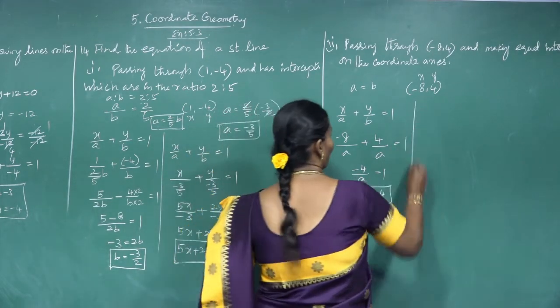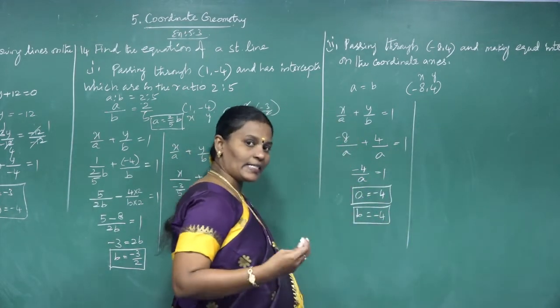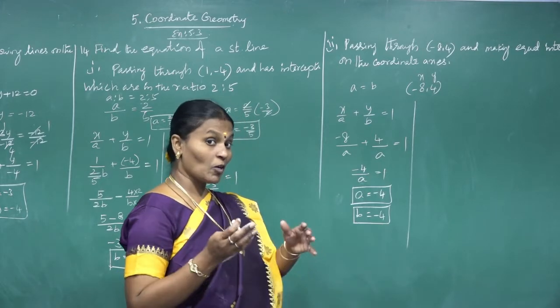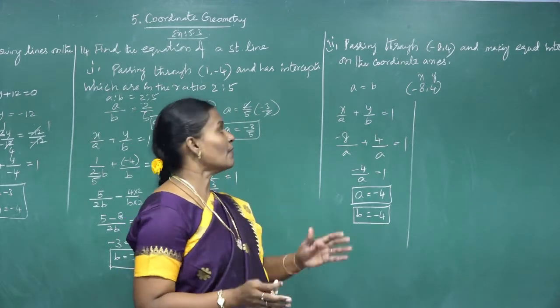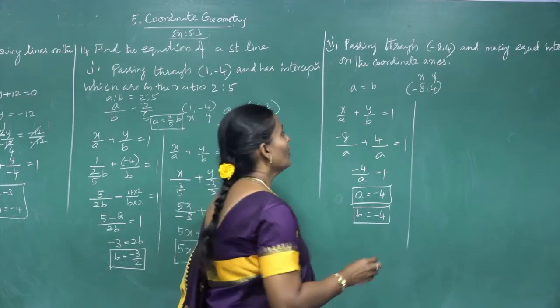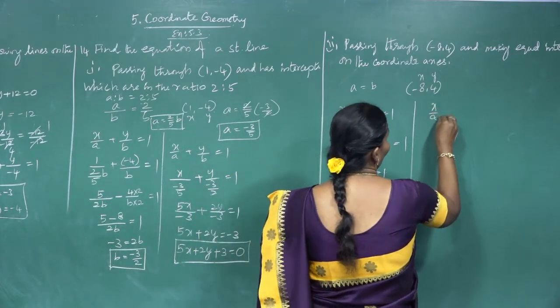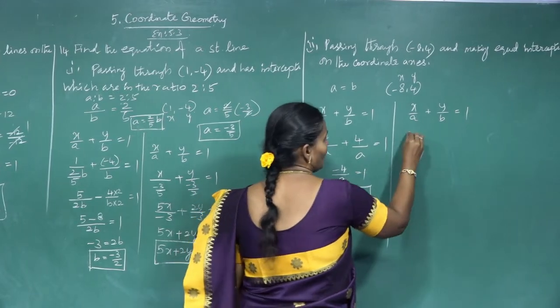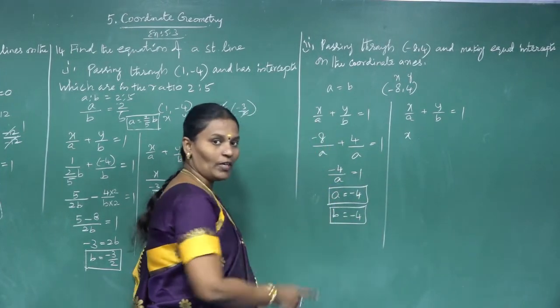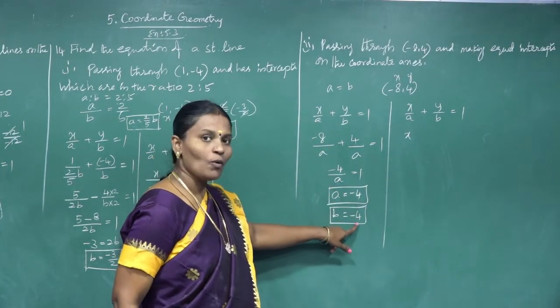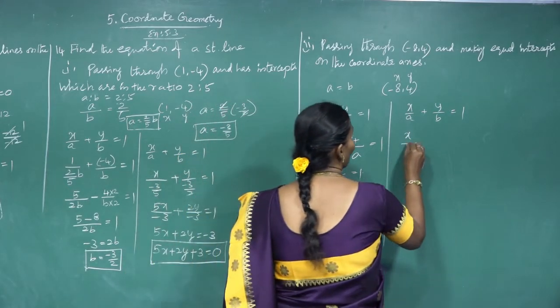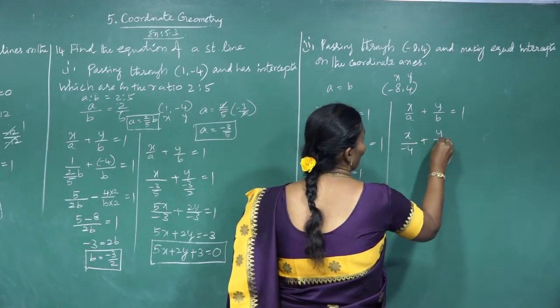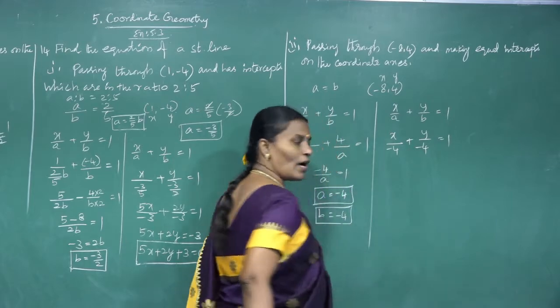Now, again you have to take the x and y intercept, because we are going to find out the equation of the straight line. So, x by A plus y by B is equal to 1. So, now x by, what is A value here? Minus 4. B also minus 4. So, x by minus 4 plus y by minus 4, this is equal to 1.